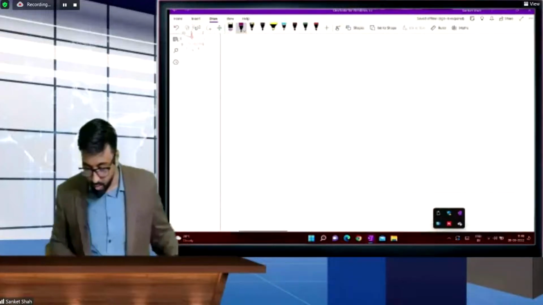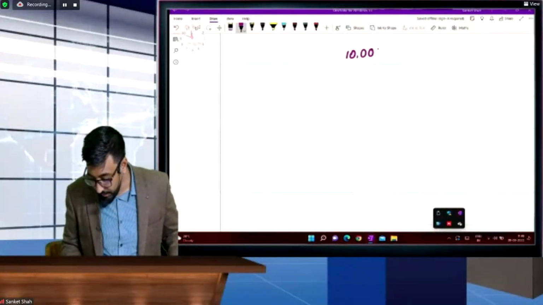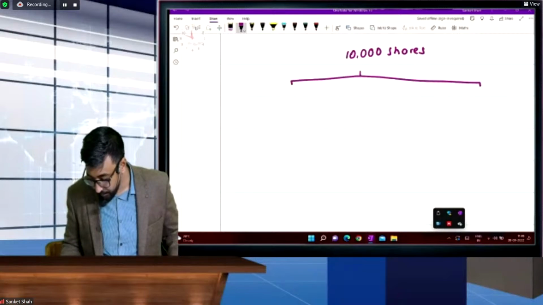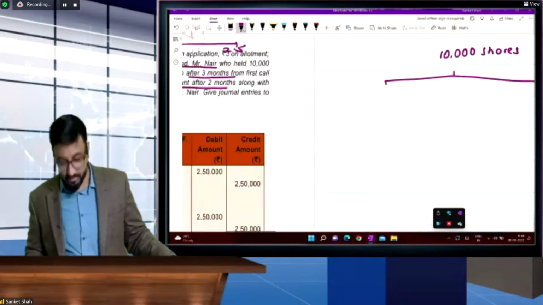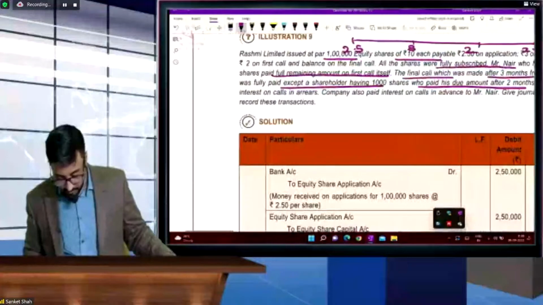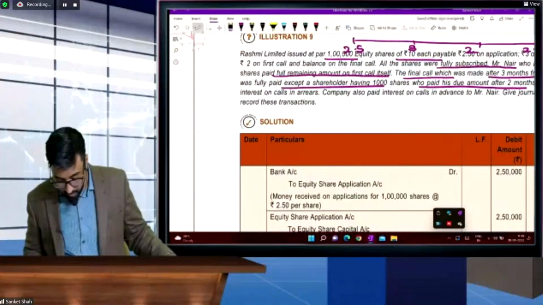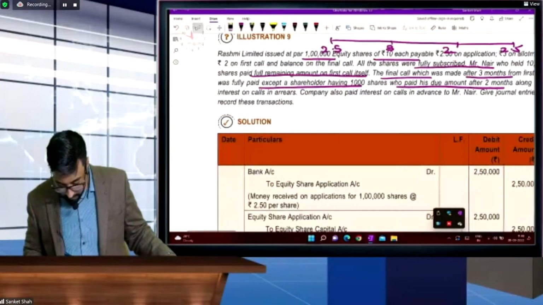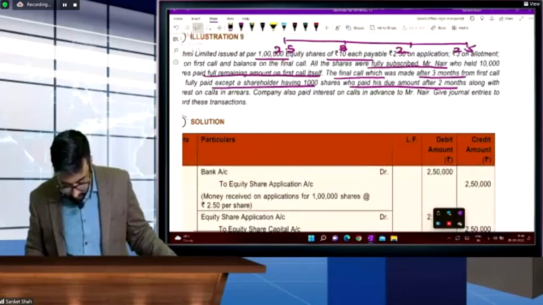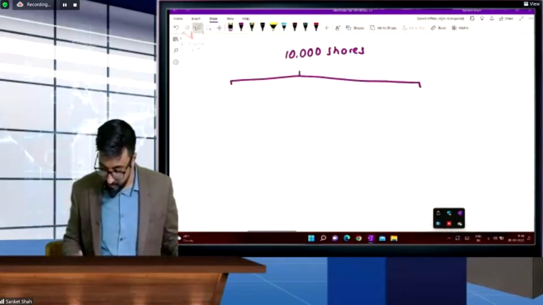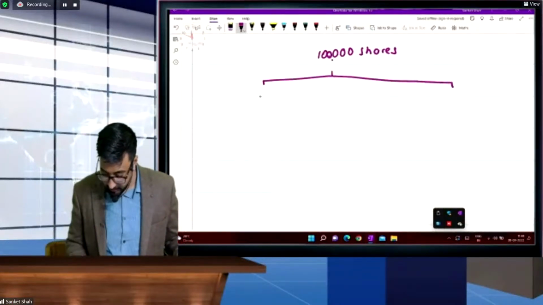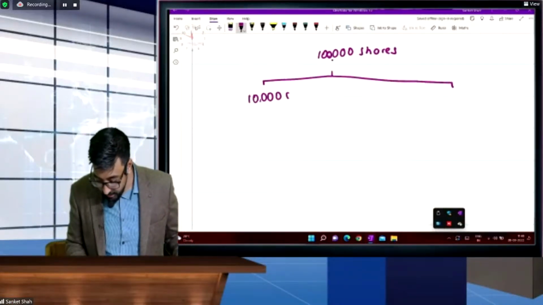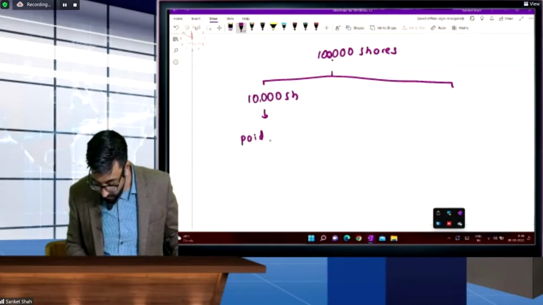So, beta, how to solve this question? Total 1 lakh shares. 10,000 shares paid in advance.